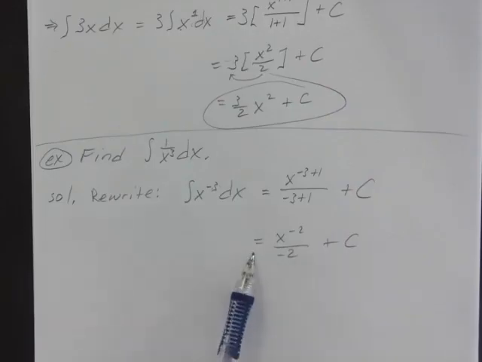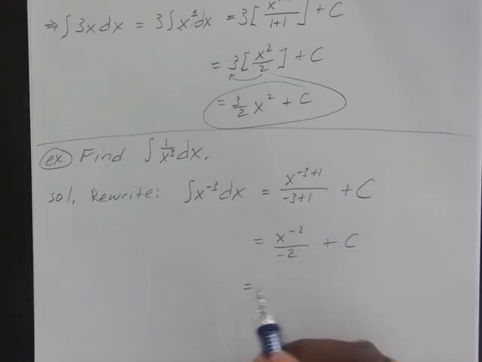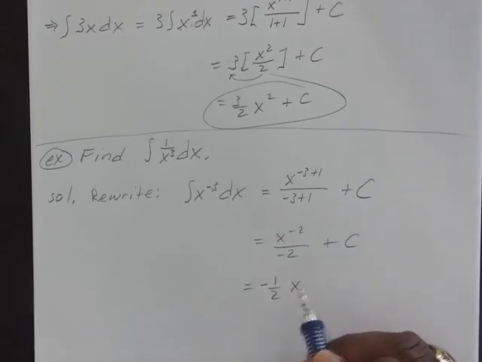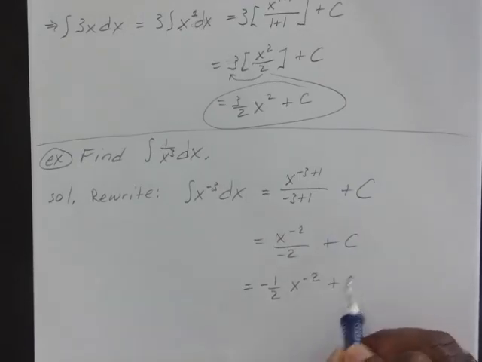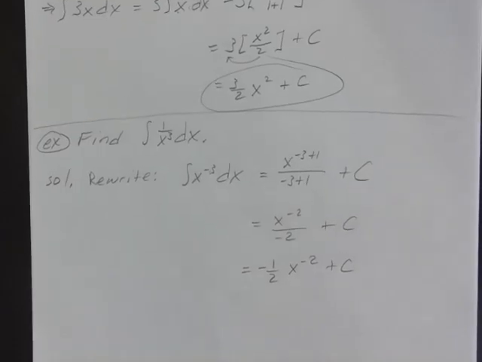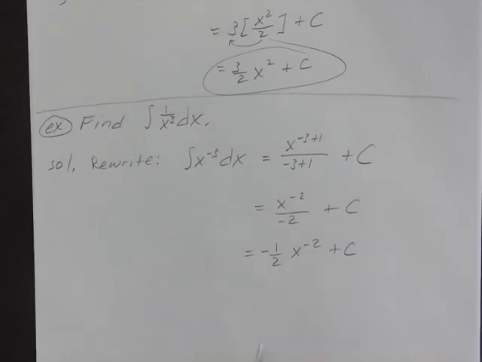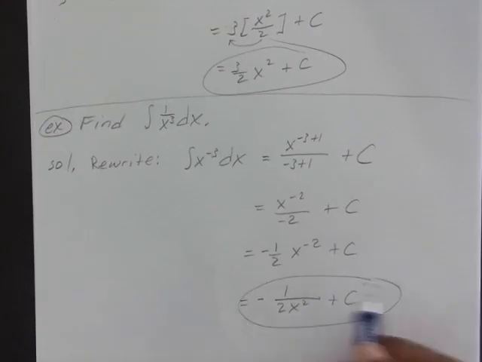So if we factor out that -2 in the denominator, that just becomes -1/2 times x to the power of -2 plus c. And that x to the power of -2, we can move to the denominator and make that exponent positive. That's -1 over 2x squared plus c.